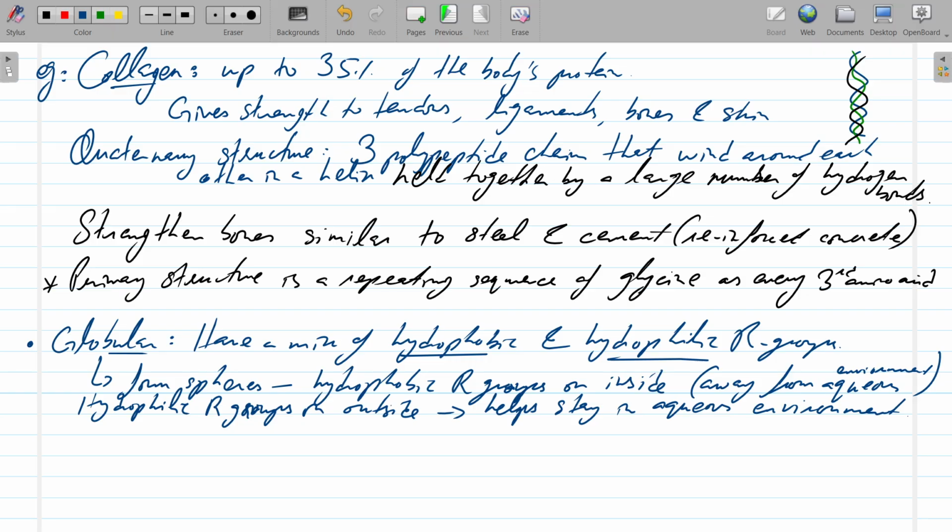Now what happens is, I'm not using the word dissolve. These guys don't dissolve, but they sort of form a suspension in the aqueous environment. A suspension of particles, of protein molecules, and the term for that is a colloid.